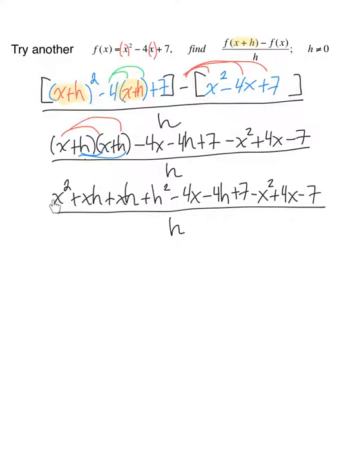So start with your highest degree term, the x squared. Is there anything here that will cancel with a positive x squared? Oop, there's something. So I'm going to cancel the x squared with a negative x squared. Then this xh and this xh, I don't see any other xh's, are going to combine. So I'm going to highlight these. So I've got an xh and an xh.